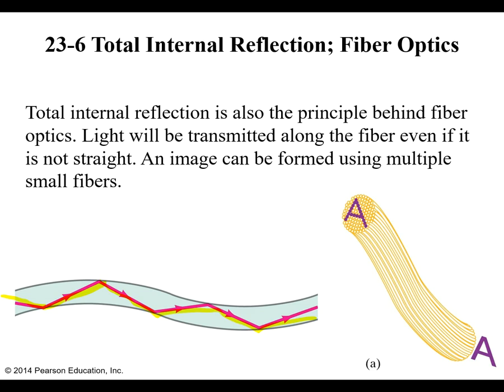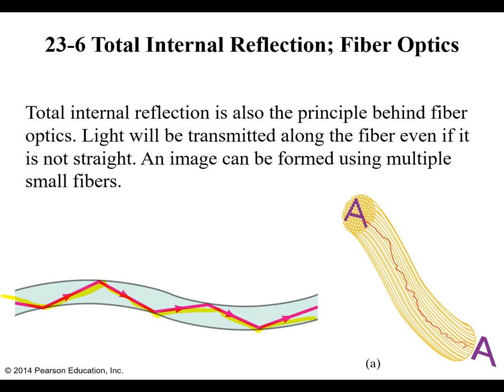And so you can take some image over here, take this image on the bottom right, and then put a cable in front of it, and if this thing is shining light, that light is going to bounce back and forth all the way through the tube, so that on the other side of the fiber optic cable, you have an image of what you initially started with.